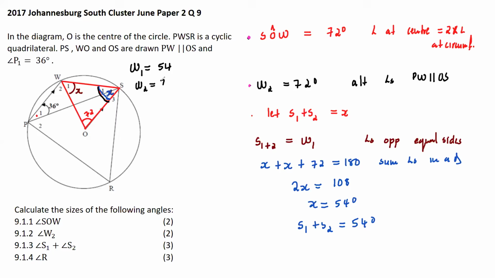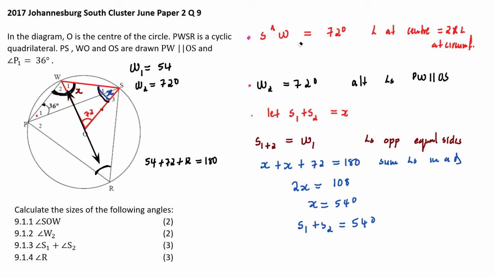We got it in the previous one, in 9.11. So this whole angle will be 72 plus 54. And I'm looking for R. Opposite angles of a cyclic chord. There you are. In other words, look at this. I'm going to say to myself, 54 plus 72 plus R is equal to 180.